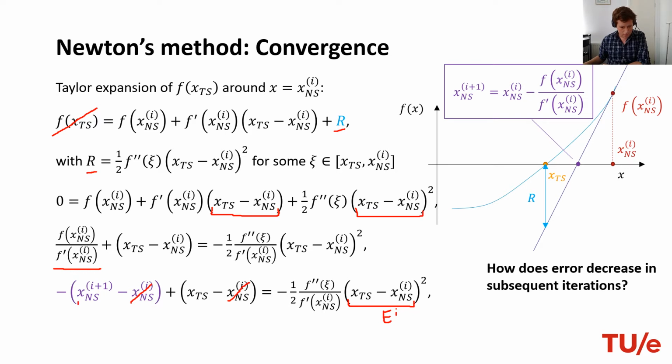And then we can take a look at what this thing is. That's the true solution minus the numerical solution in iteration i plus 1. So this is simply equal to the error in iteration i plus 1. So in this sense, we have found a relationship between the error in iteration i and the error in iteration i plus 1.